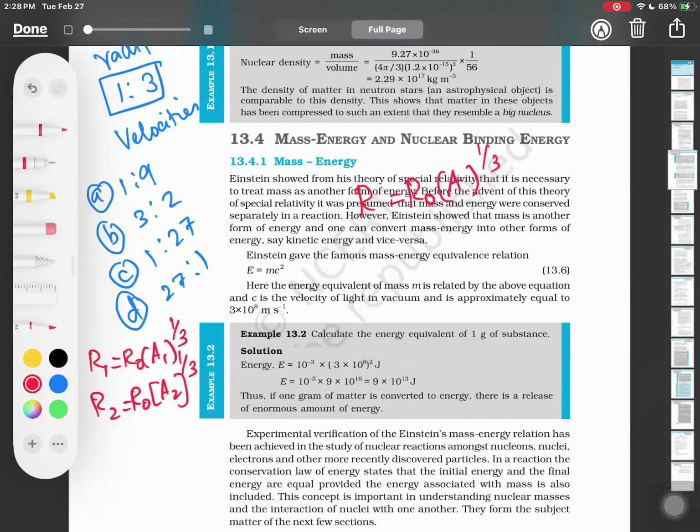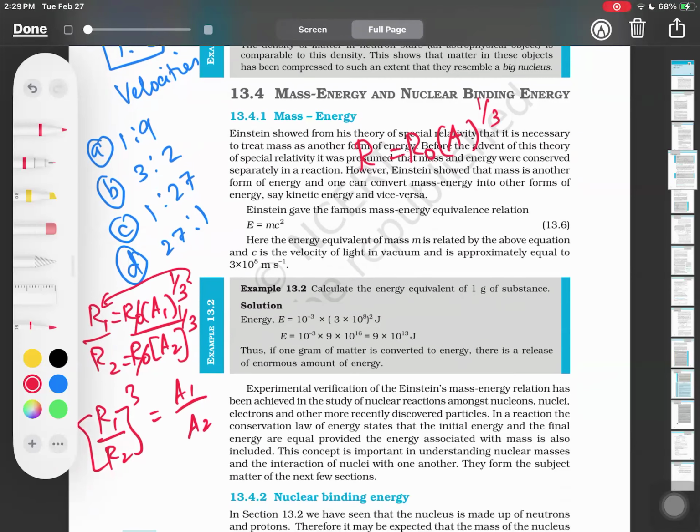If you divide these two, R naught gets cancelled. Then R1 by R2 the whole cube is equal to A1 by A2. The power 1/3 can be taken as cube to the left side. Is it clear for you?